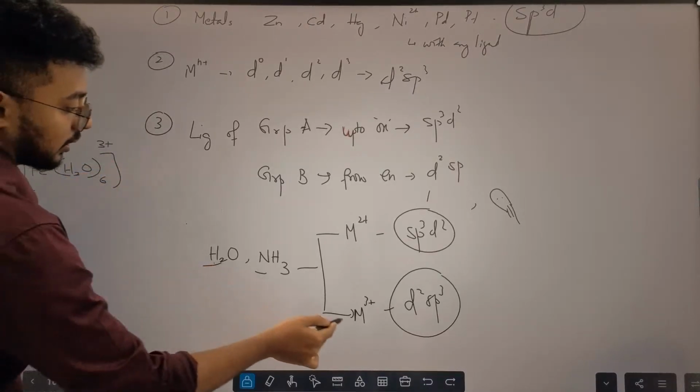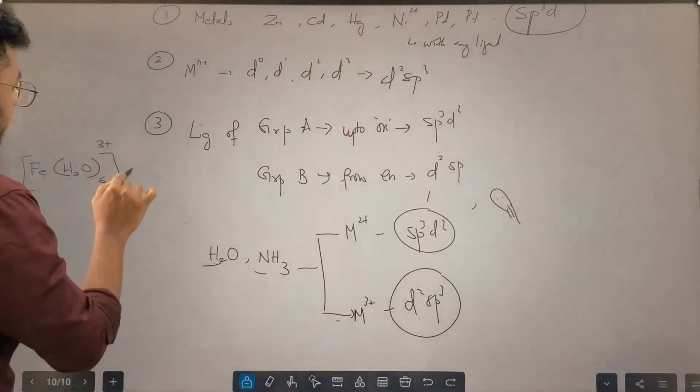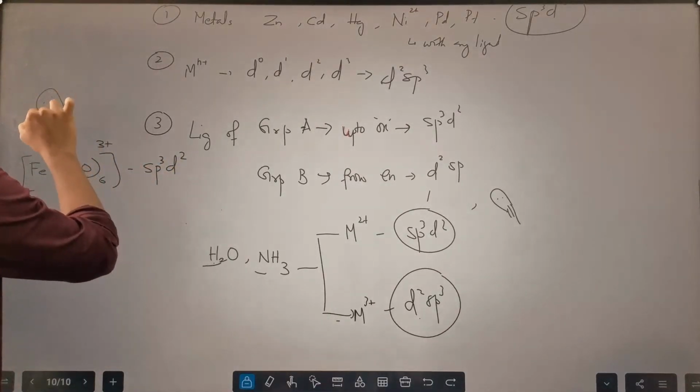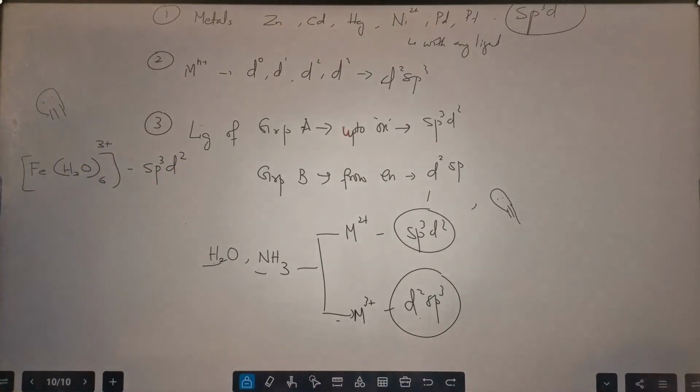With water and 3 positive, it should be d2 sp3, but the hybridization is sp3d2. So exception, it is sp3d2.